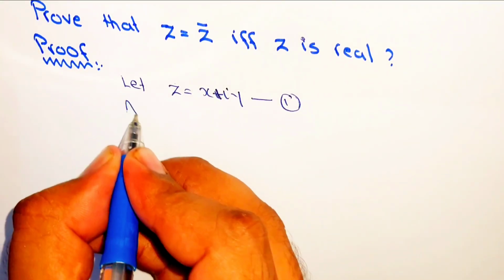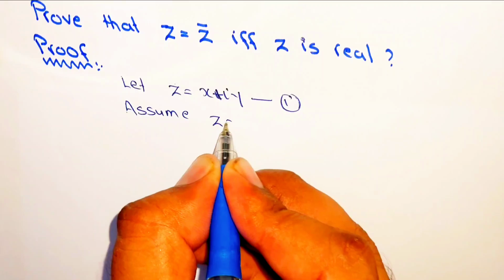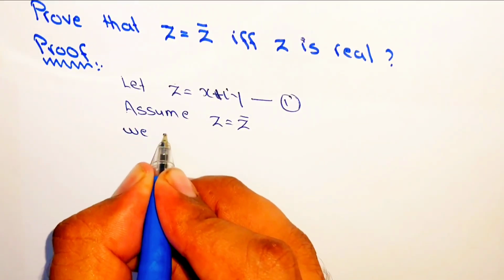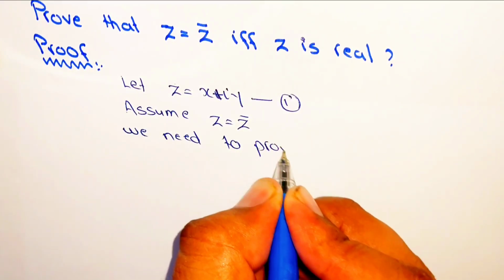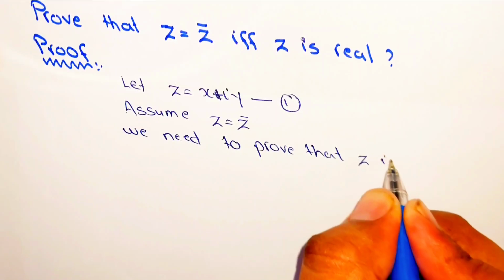Now assume z is equal to z conjugate. So we need to prove that z is a real number.